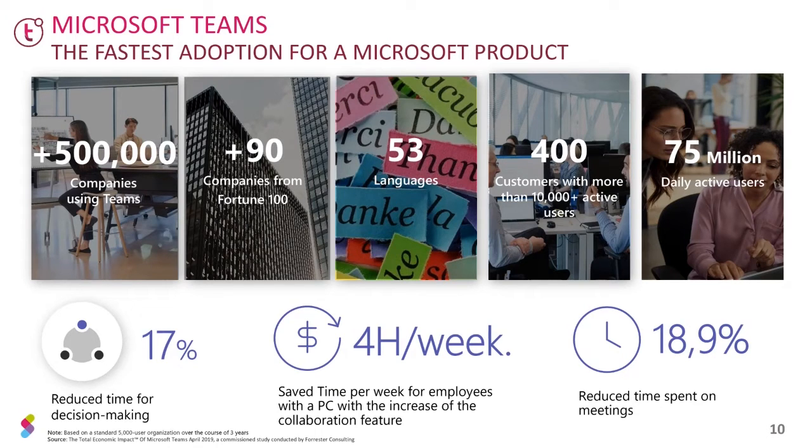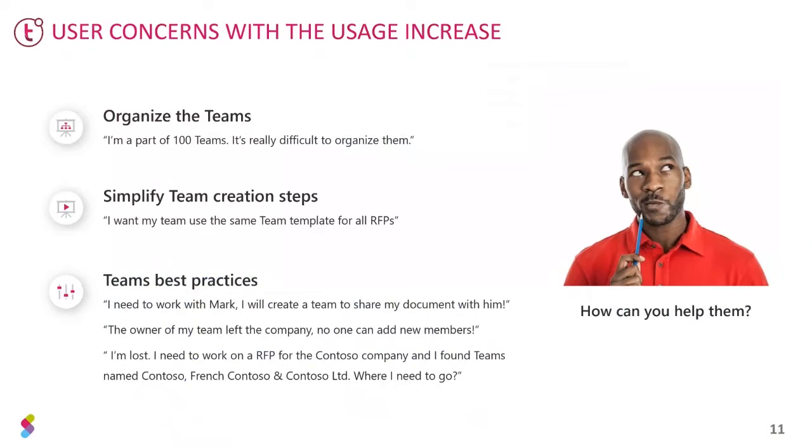And the last figure that I really want to highlight, which is really crazy to me, is that today Microsoft Teams has surpassed 75 million daily active users. Before the lockdown, they were actually closer to 40 million, which means there's been a massive increase in Teams usage since the whole pandemic.